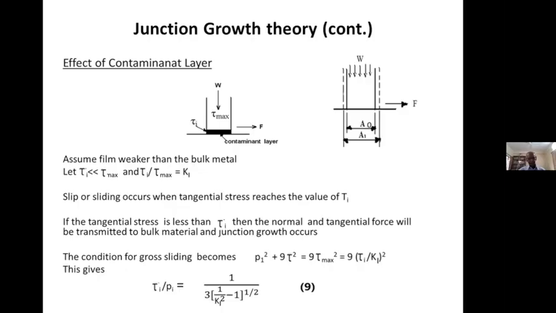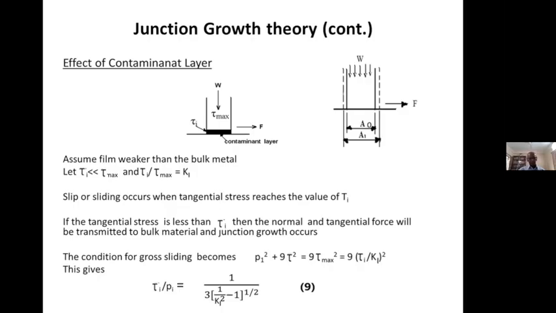So we write it like P1 square plus 9 tau square is equal to 9 tau I by K1 square. Now if we do simple algebra, it will come down to equation 9: tau I by P1 is equal to 1 by 3 within bracket 1 by K1 square minus 1 to the power half.